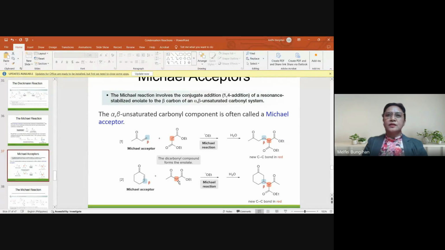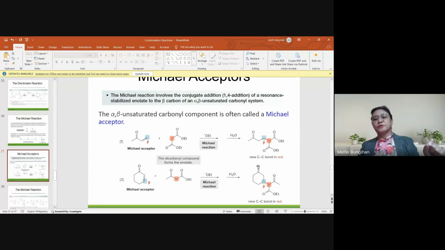So in Claisen and in Dickman, we are looking at the carbonyl as your electrophile. But in this case, your Michael acceptor, your electrophile, is actually your beta carbon. That is why your new CC bond is not formed with your carbonyl.